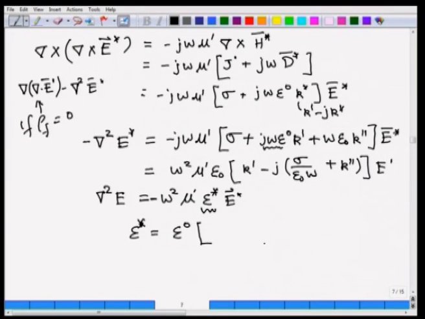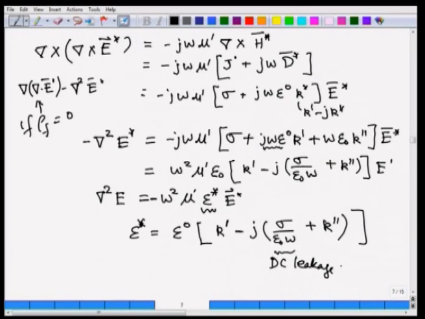Now you can see this is the real part if it was non-leaky, minus a complex part arising out of, this is because of DC leakage, and this is AC leakage, frequency dependent leakage.